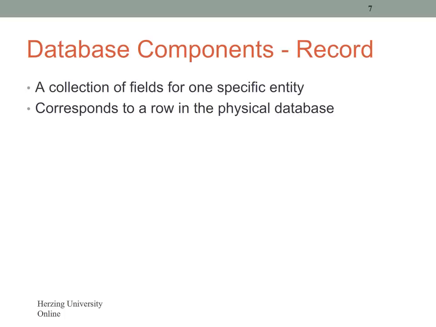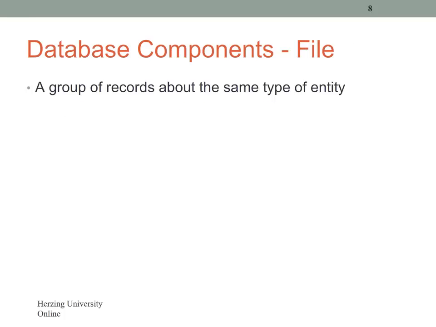Moving forward, a record is a collection of fields for one specific entity which corresponds to a row in the physical database. A file is a group of records of about the same type of entity.